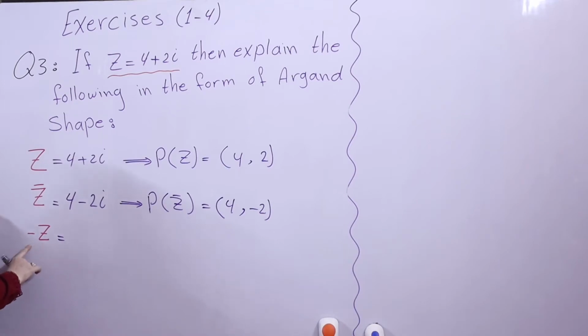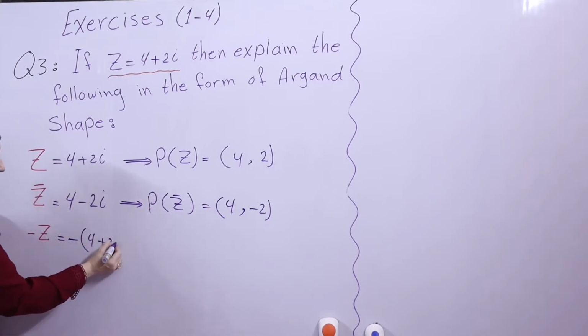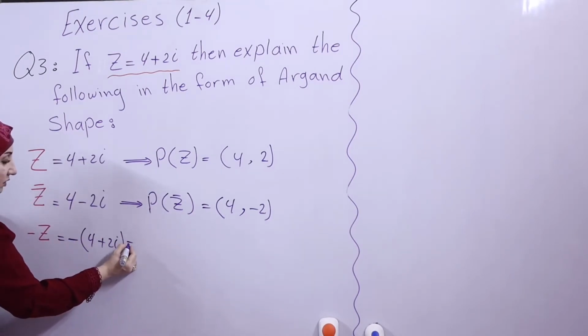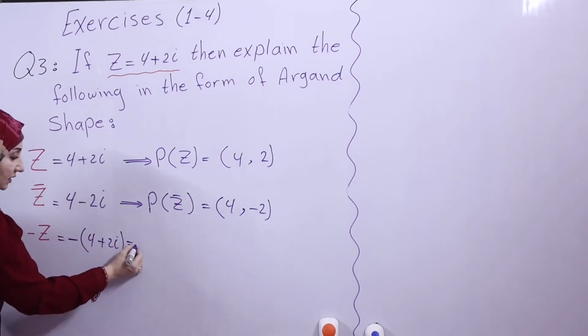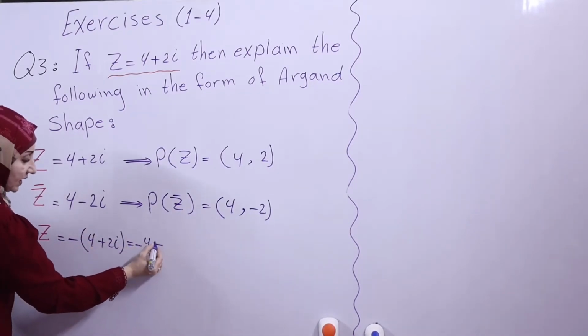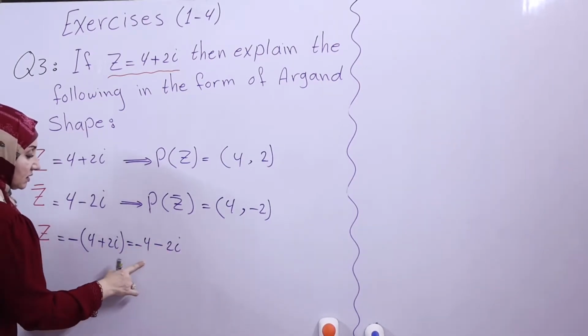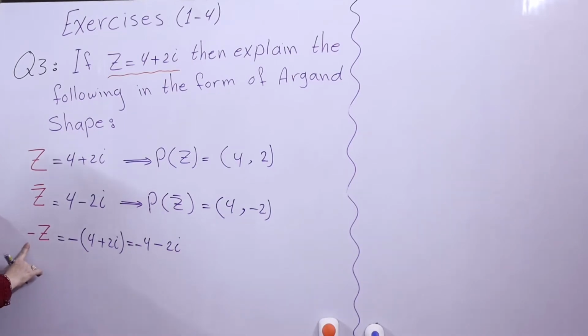That means the additive inverse for the complex number z. It will be negative multiplied by z, which equals 4 plus 2i, and it will be negative 4, negative multiplied by positive is negative, minus 2i. This is the complex number which represents negative z.